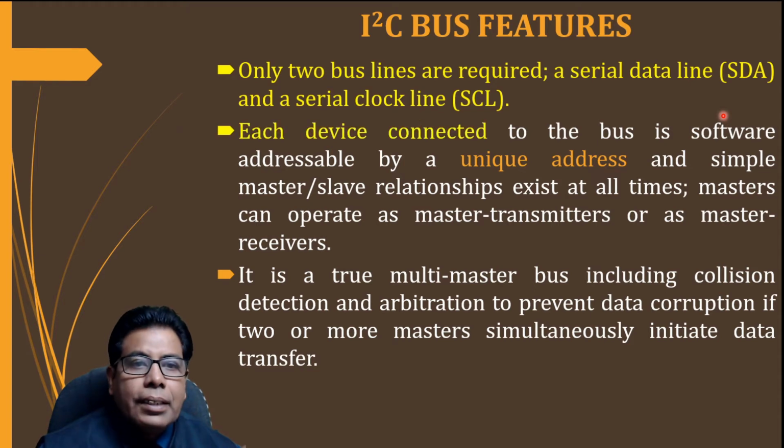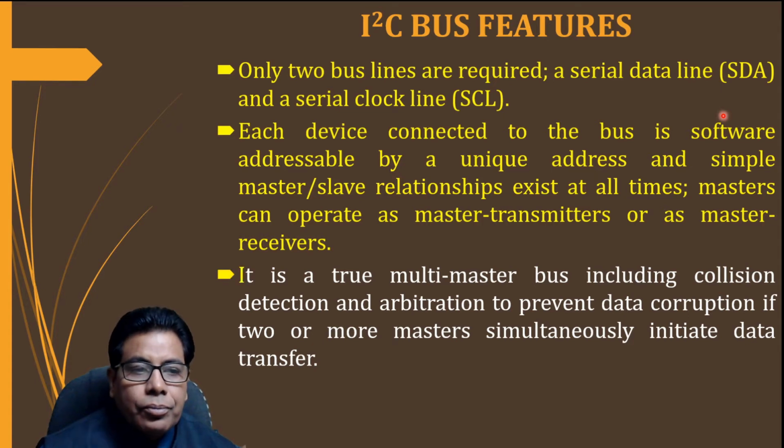Each device connected to the bus has a unique address and will have a simple master-slave relationship all the time. The master can operate as master transmitter or as master receiver.